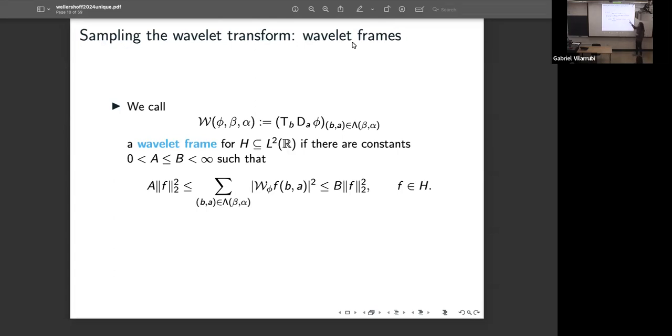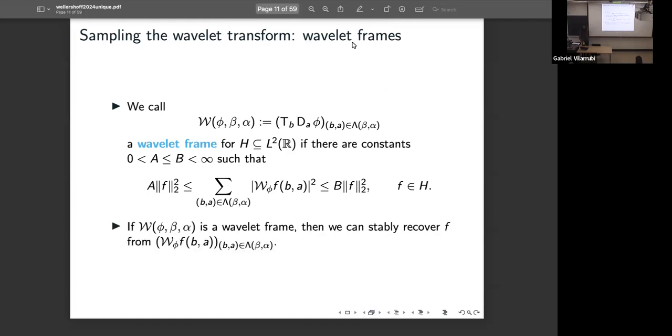This condition is what we usually require of a frame, and I'll leave it at that because it's quite common in these sorts of talks. So if this calligraphic W is a wavelet frame, then we can stably recover our signal f from the wavelet coefficients on the hyperbolic lattice.